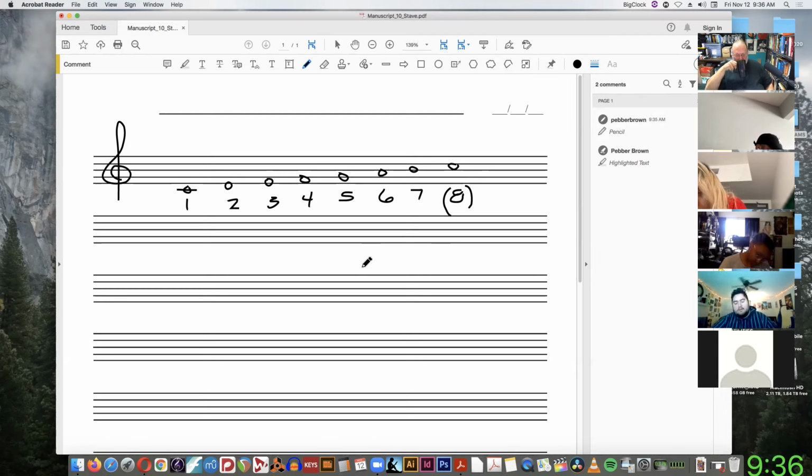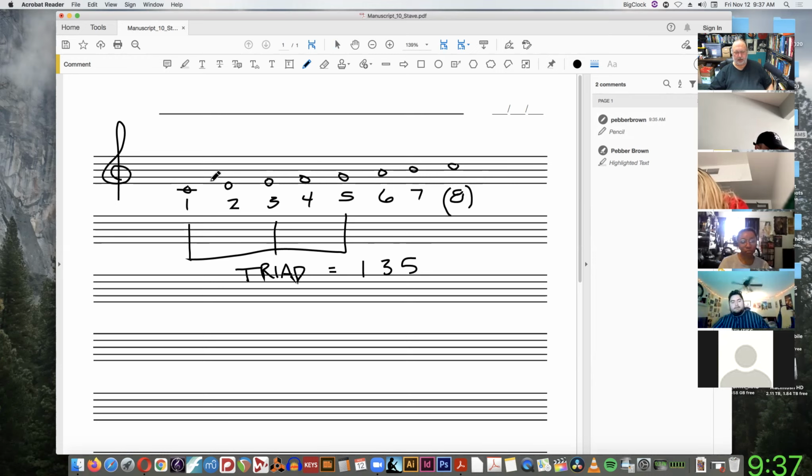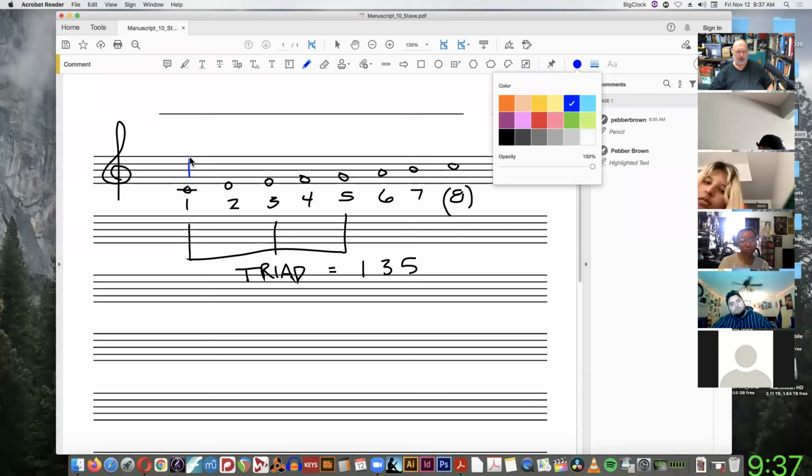All right. So a triad is what? 1, 3, and 5, right? So now a 4-part chord uses the next one. So if we use 1, 3, 5, the next one is going to be 7.